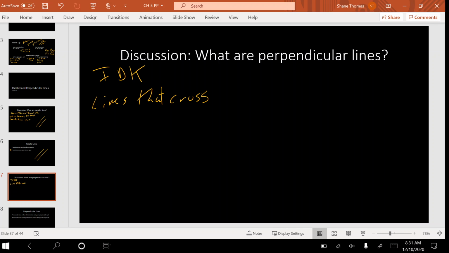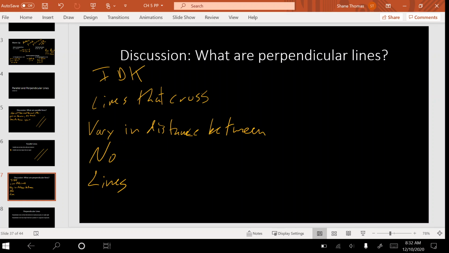Lines that vary in the distance between. I've heard this word before. What a line. Yeah, you got it right.